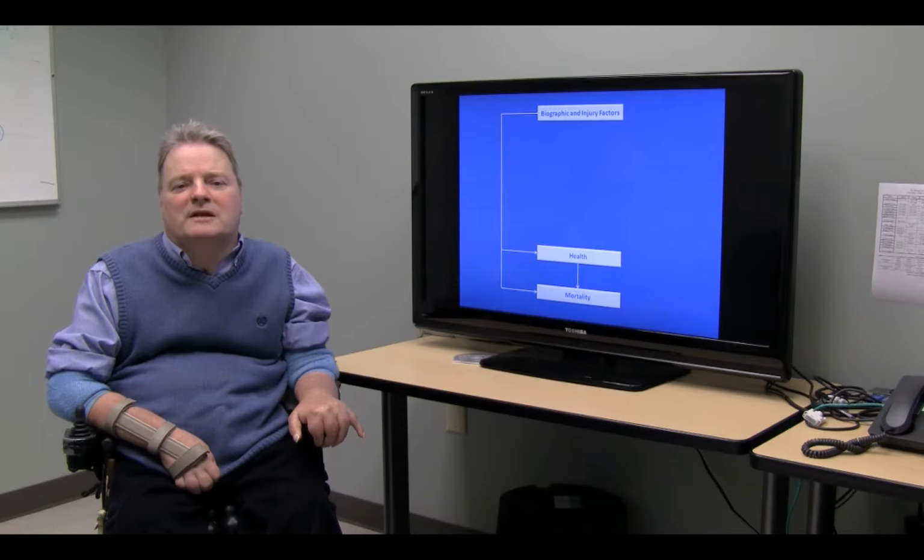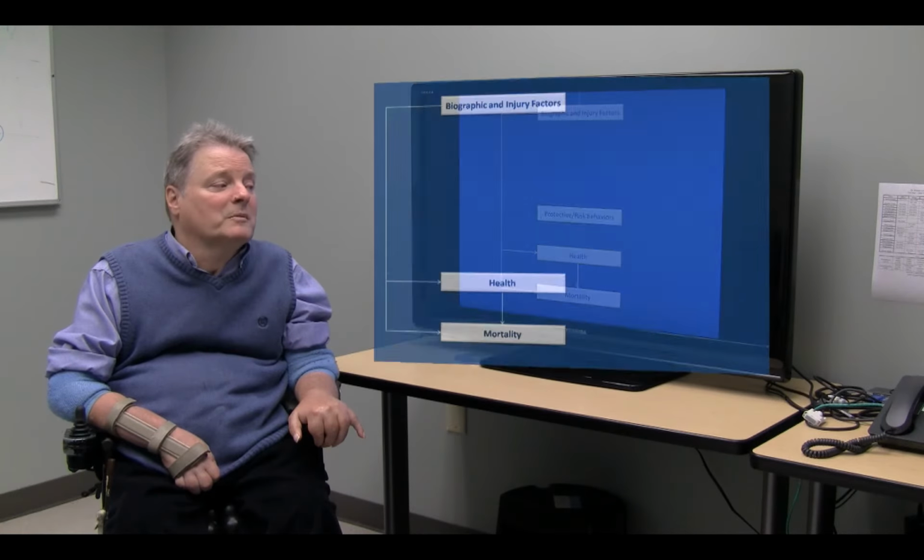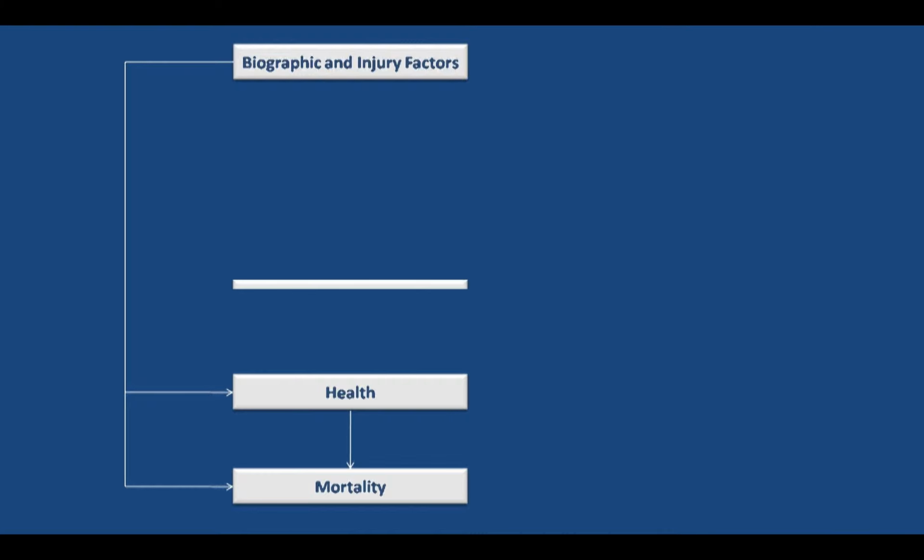What actually leads to the development of secondary conditions outside of the injury itself? And the next class of variables that we look at are risk and protective behaviors. A risk behavior is anything that leads to an elevated risk of an outcome, either a secondary condition or mortality. So something such as smoking would be a risk behavior.